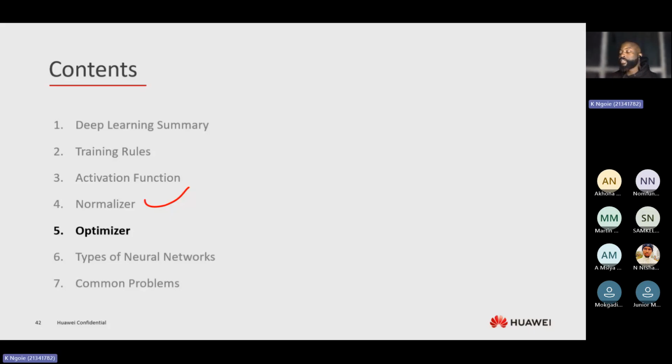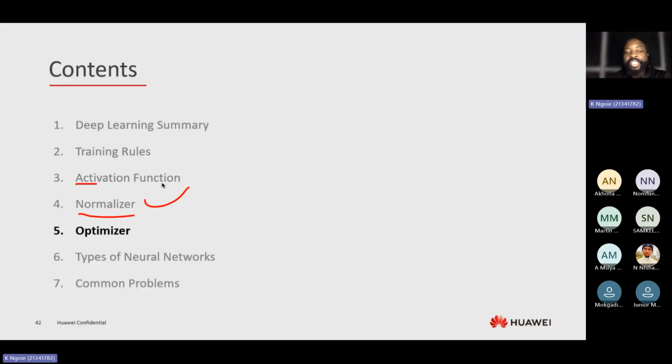Anyone can give us any of them? It's L1, L2 regularization, the dropout, expanding your dataset, and early stopping. Perfect. All right, so we have those normalizers.